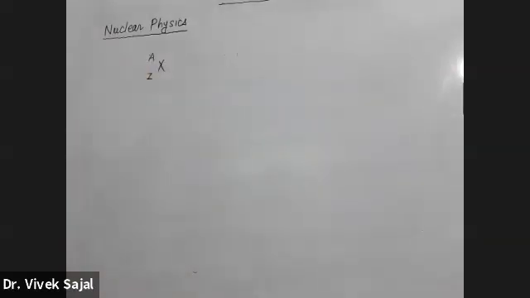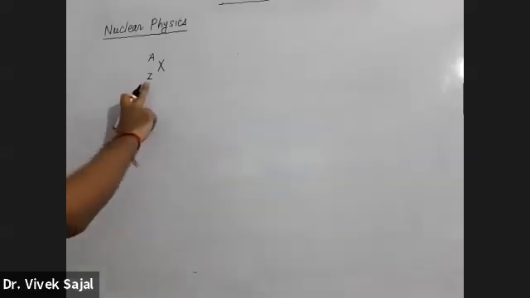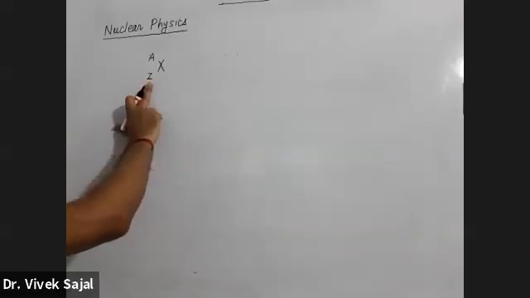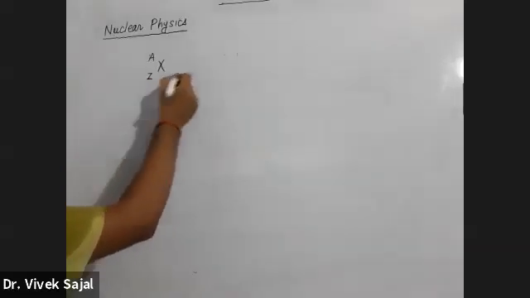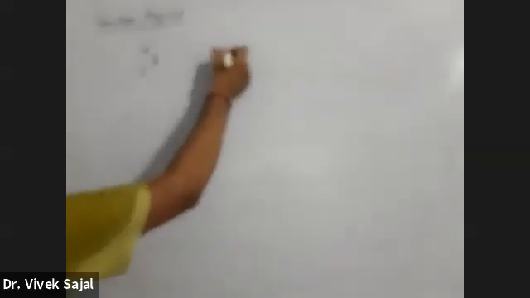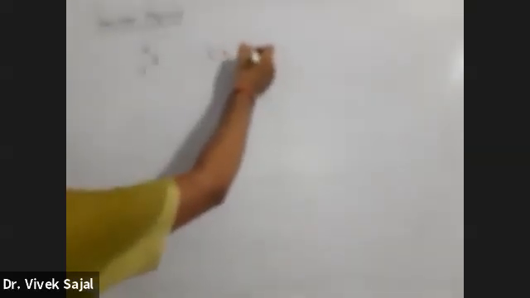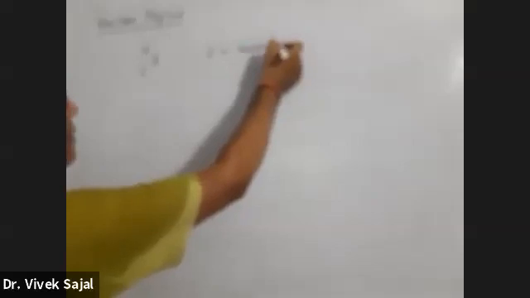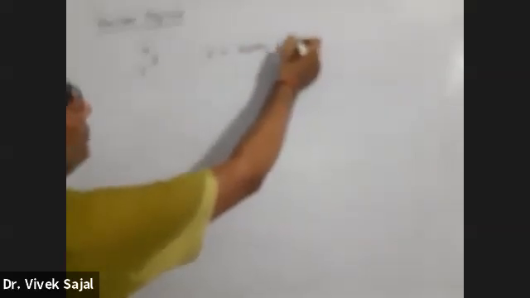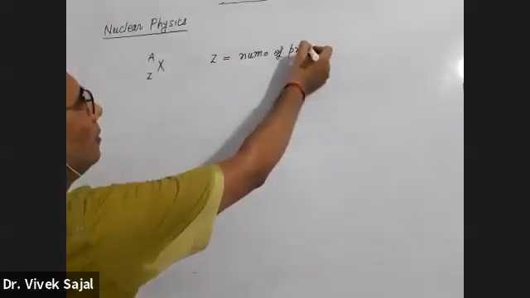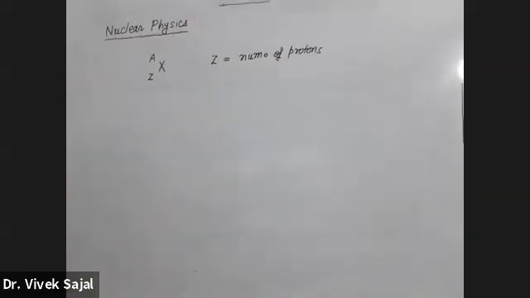So any nuclei is represented as ZXA, where this Z is the charge number or atomic number, and this Z number is always equal to the number of protons.